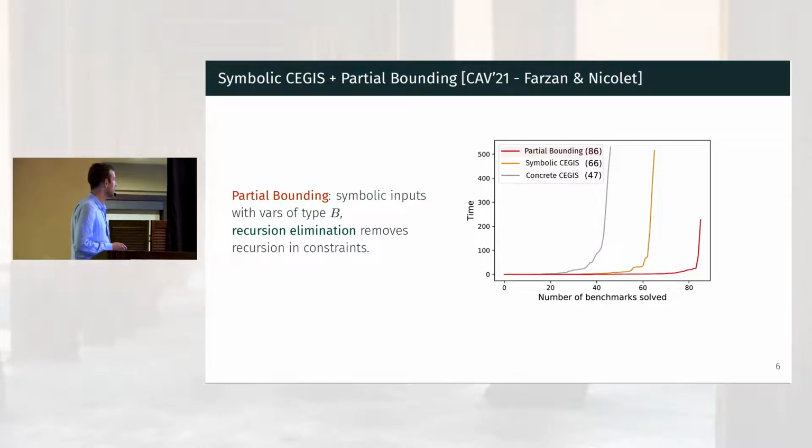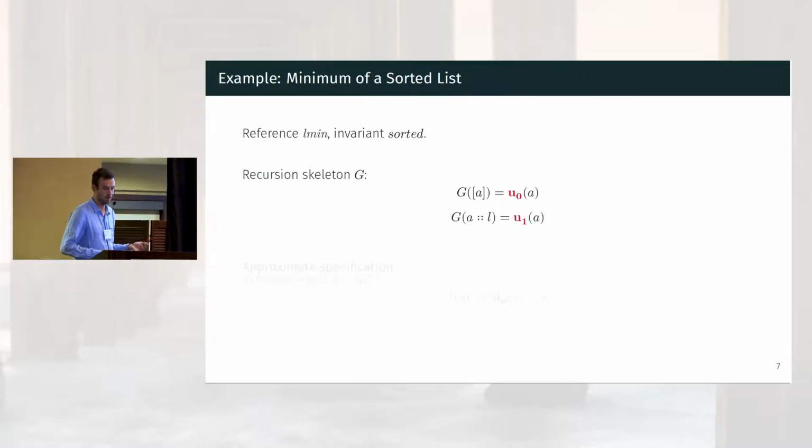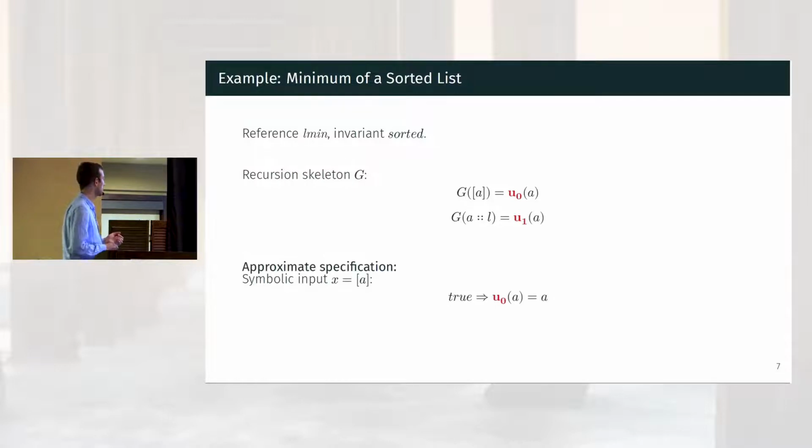This technique shows a great improvement over both concrete counterexample guided inductive synthesis and the symbolic CEGIS that I just presented. So we want to use this now to solve our problem. We have our recursion skeleton, and if we take, for example, an input X that is the singleton list A, then we have this constraint and there's no problem.